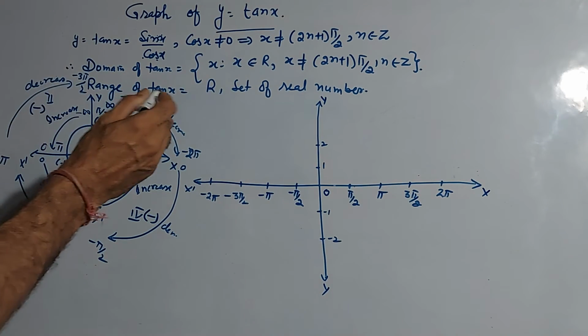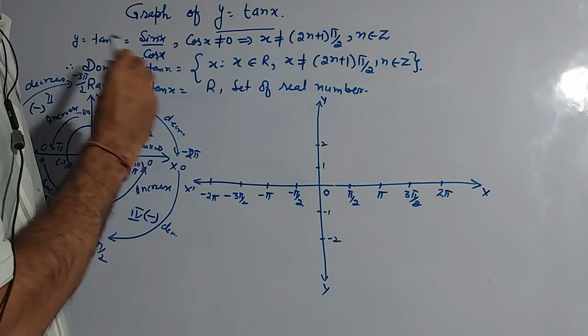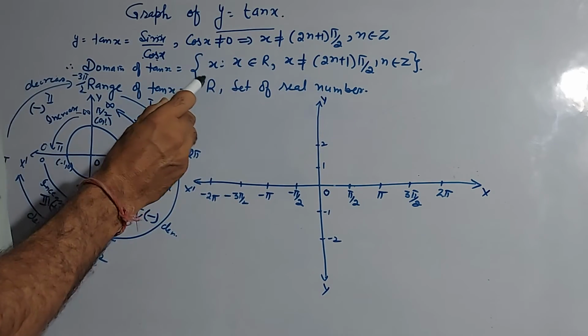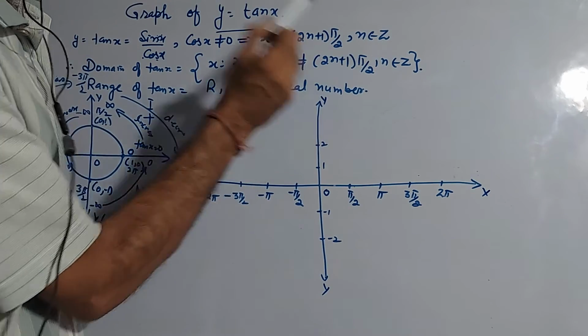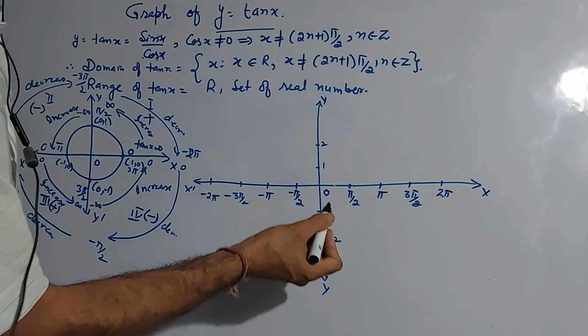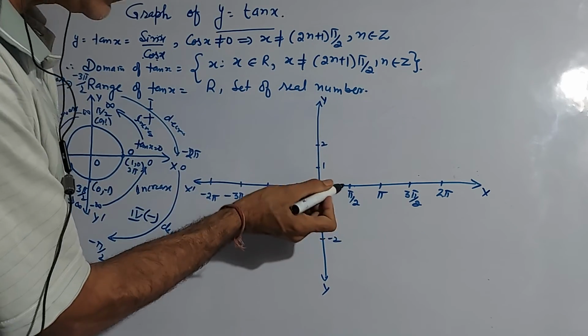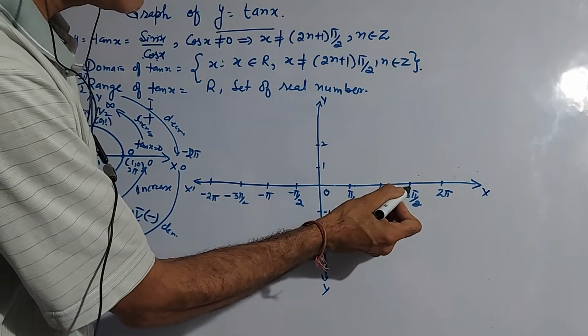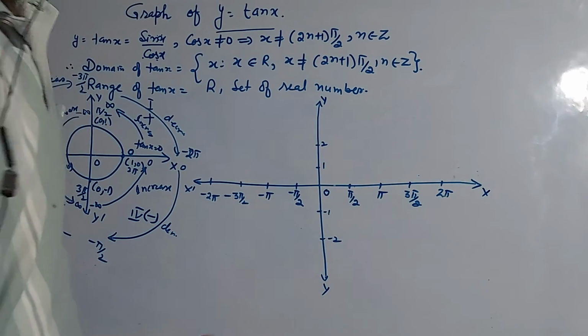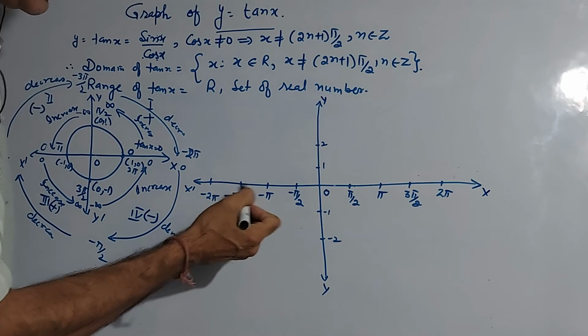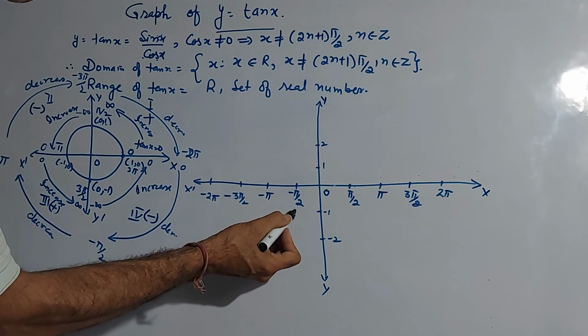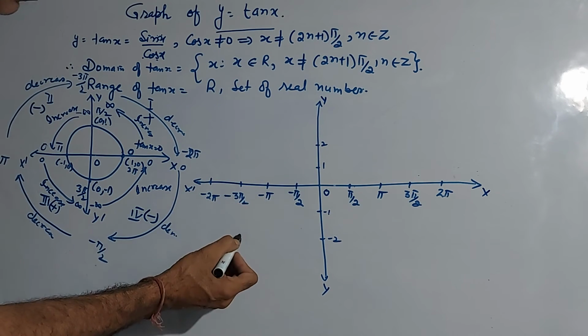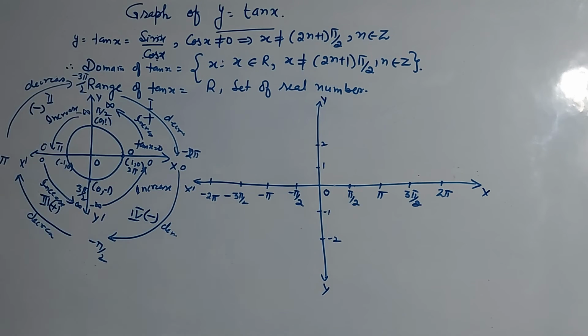Now, in the domain we see here, x is a real number, but x is not an odd multiple of pi by 2. It means tan x is not defined at these points: pi by 2, 3 pi by 2, 5 pi by 2, 7 pi by 2, and so on, and on this side minus pi by 2, minus 3 pi by 2, minus 5 pi by 2, and so on.